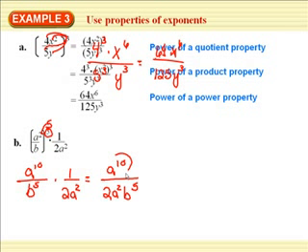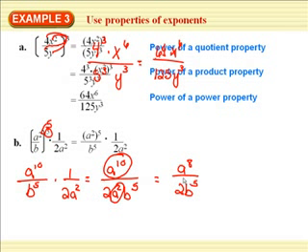Now look at the a's. They are like terms basically, so we can subtract those. So that will be 10 minus 2, a to the 8th, because there are more a's on the top, over 2b to the 5th. That's a little crazy.